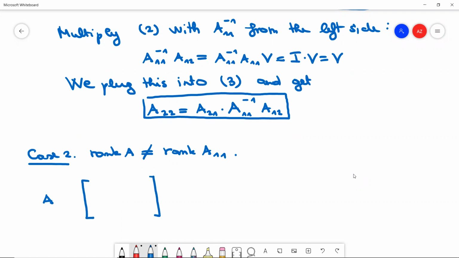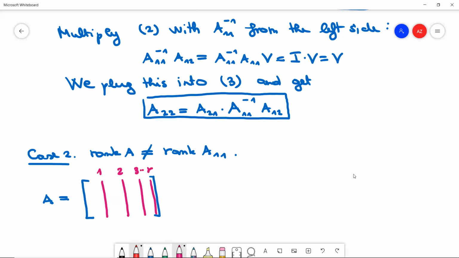So we have A. We know that its rank is R, which means that there are R columns which are linearly independent. And let's say that these are this column, this column, this column, and so on. They are not the first R columns. So this is 1, 2, 3, and so on, R.